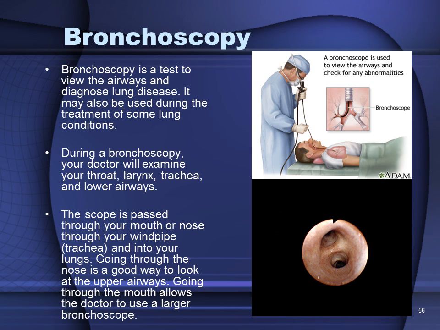In this manner, the physician can observe the throat or pharynx, the larynx, the trachea, as well as the lower airways. This is an example of what might be visualized using the bronchoscope. Here we see the carina, or the point at which the trachea divides into left and right main bronchi.